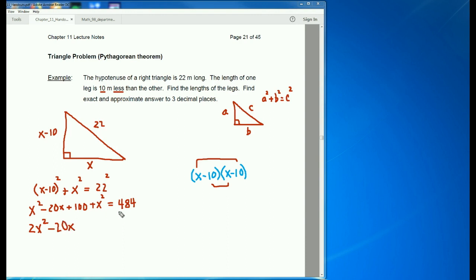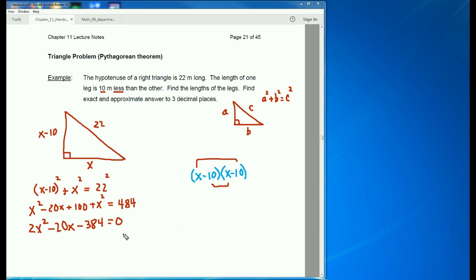Then I'm going to subtract 484 from both sides. 100 minus 484 is minus 384, and that equals 0. So there's our quadratic.